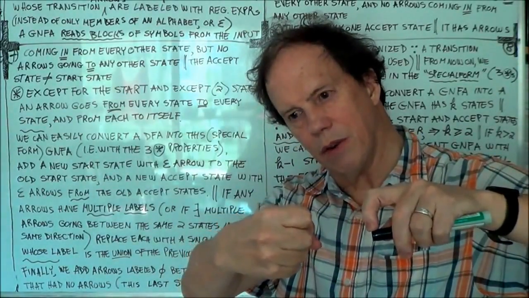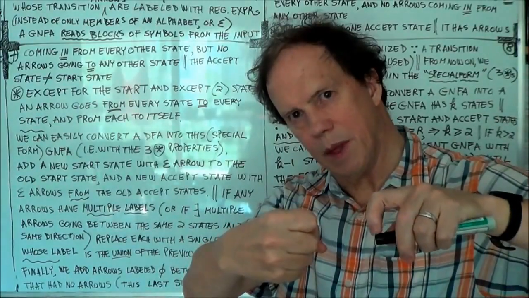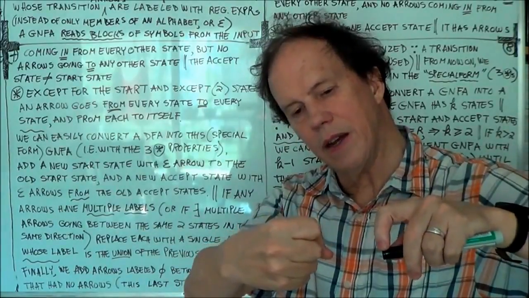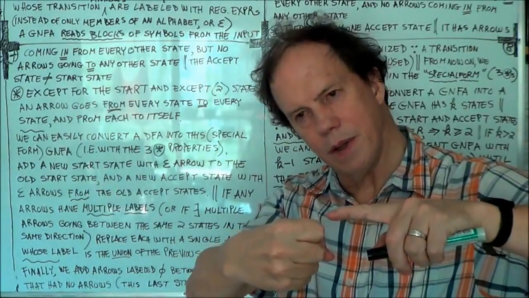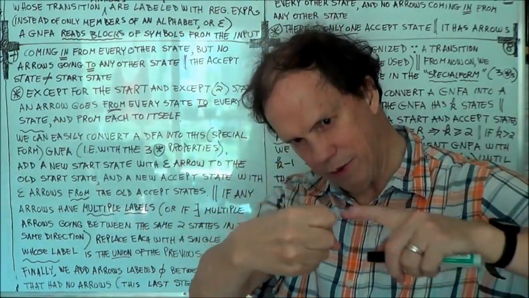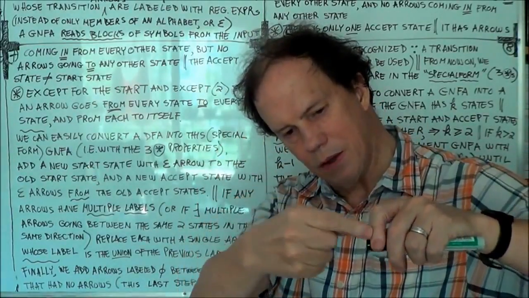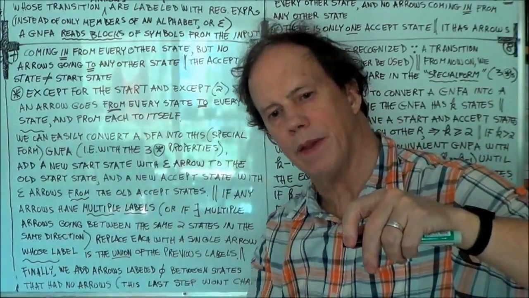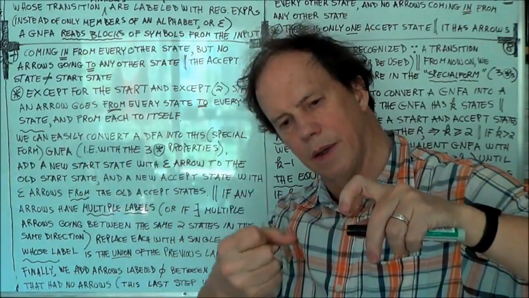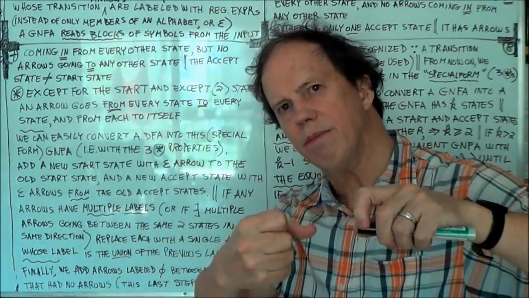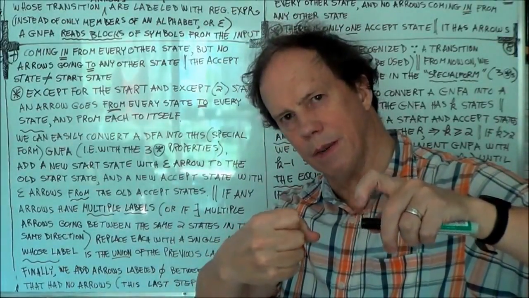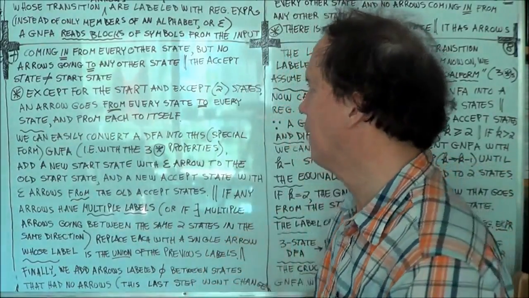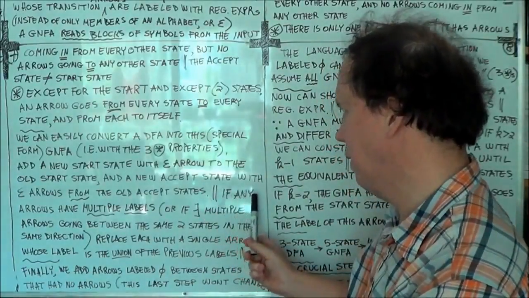That would be your one accept state in the GNFA. The transition arrows from those accept states in the DFA, my fist, label them all with epsilons, and they all go to the single accept state of your GNFA. And that's sort of what it's saying here.